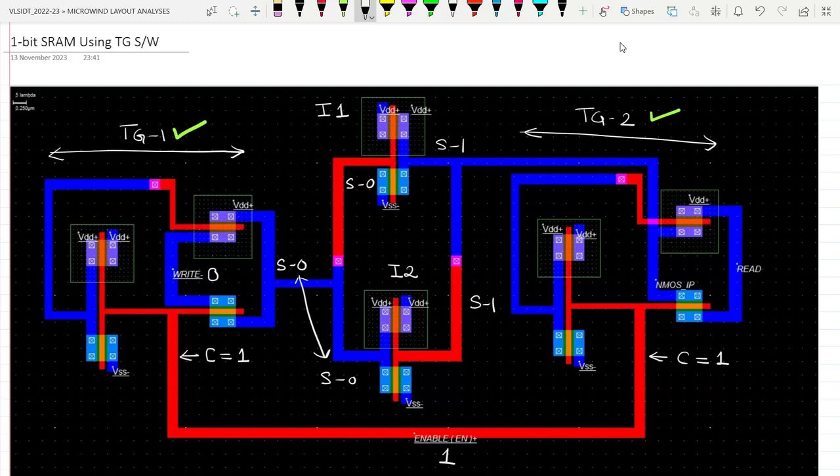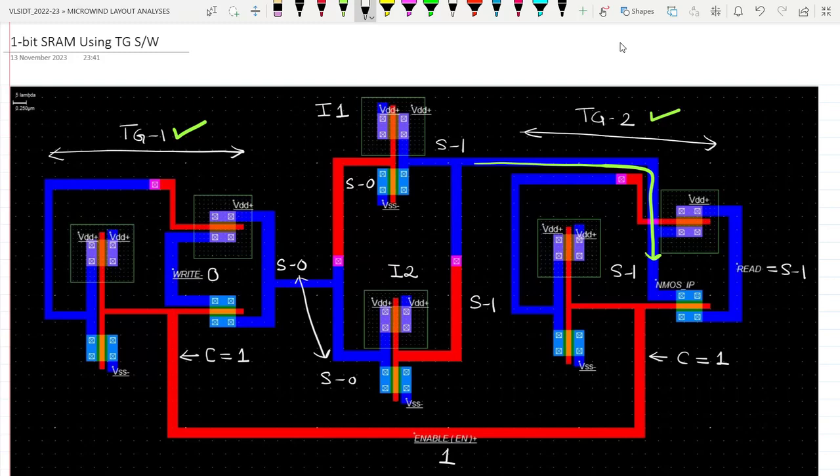This strong 1 now goes over this line here, that is the input node of transmission gate 2. So with a strong 1 at the input of transmission gate, the read line is equal to strong 1.